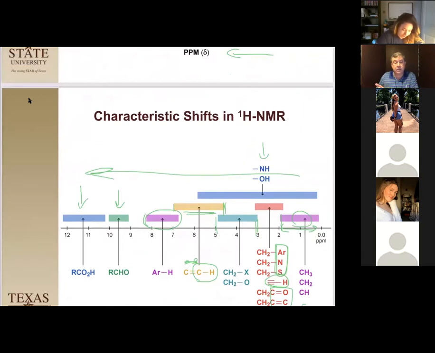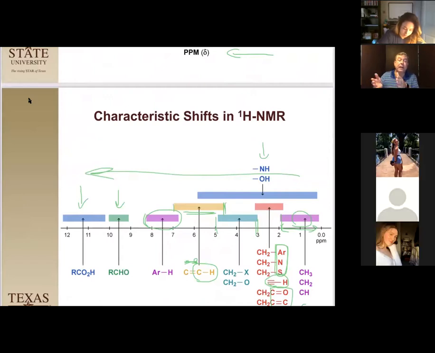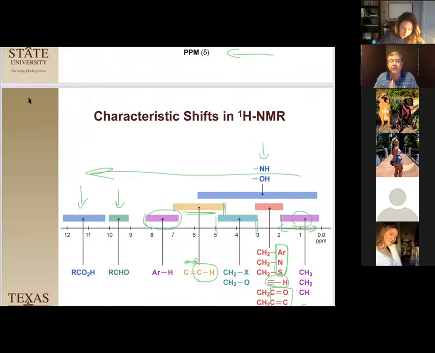It's more like hydrocarbons, the lowest; adding a little bit of electronegative element next to it increases it; adding an electronegative atom directly attached adds onto it. The amine hydrogen and oxygen hydrogen shift around a lot because of hydrogen bonding. Then we have alkenes, arenes, aldehydes, and carboxylic acids.